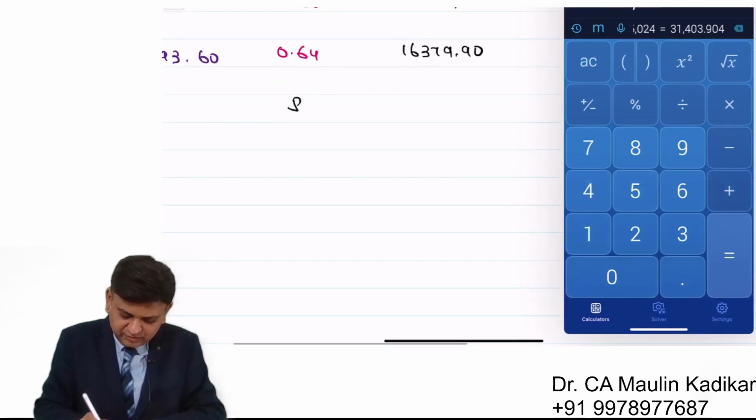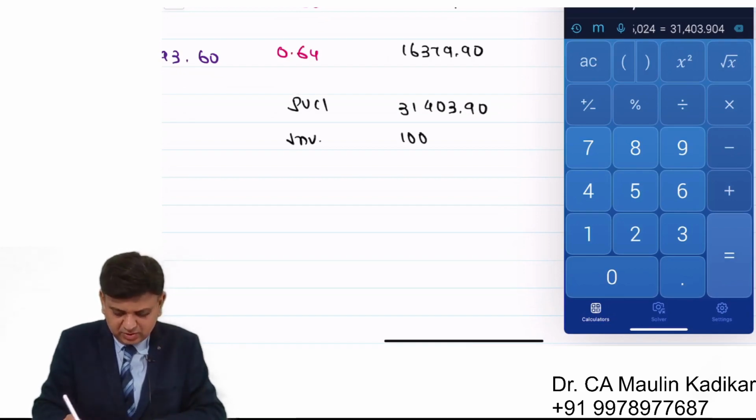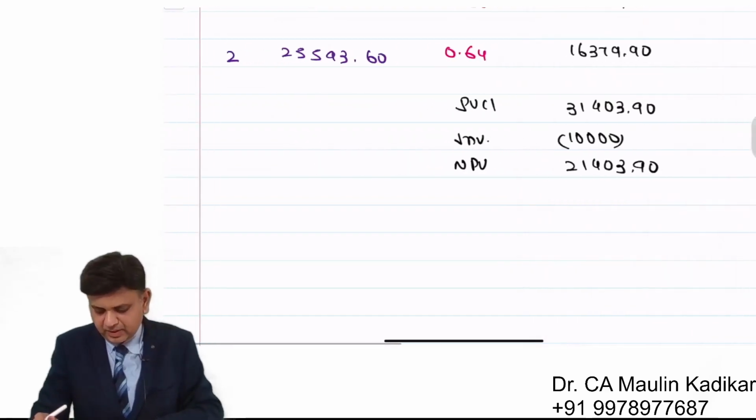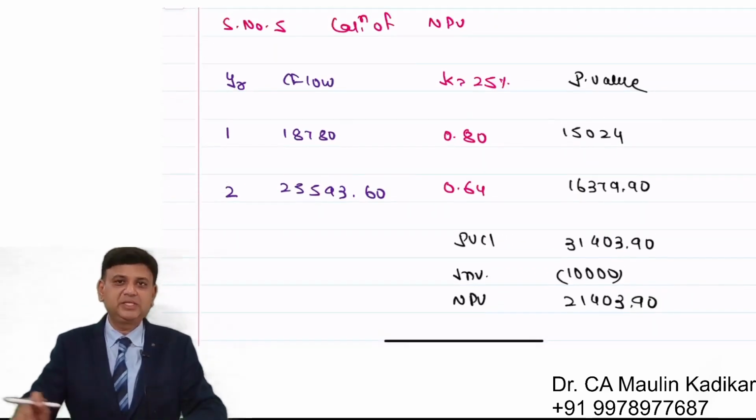So the total of both of them is the present value of cash inflow, 31,403.90. The amount of investment is 10,000. That is the way the NPV is found. As NPV is positive, we would advise the company to purchase the machinery.